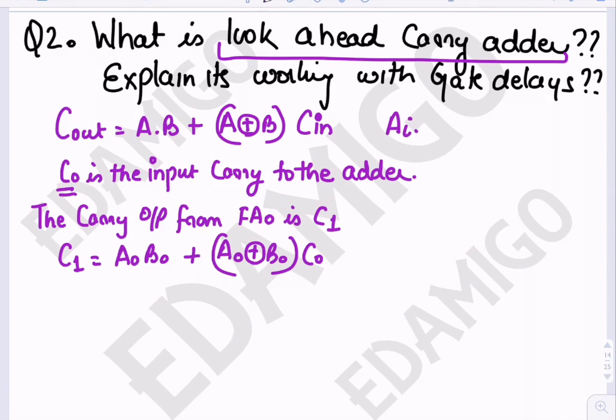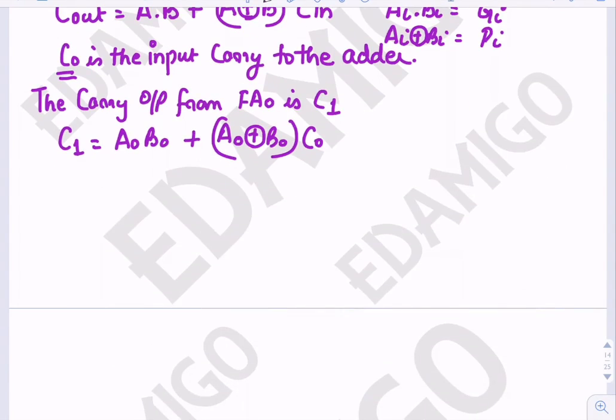Let us say that AI into BI is equal to GI, just for sake of simplicity, and AI XOR BI is equal to PI. So we can say that C1 is equal to G0 plus P0 C0.